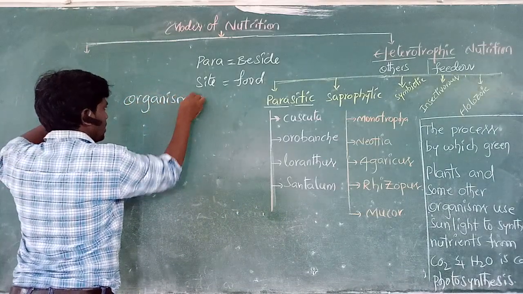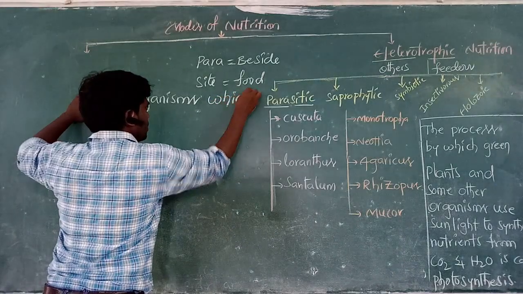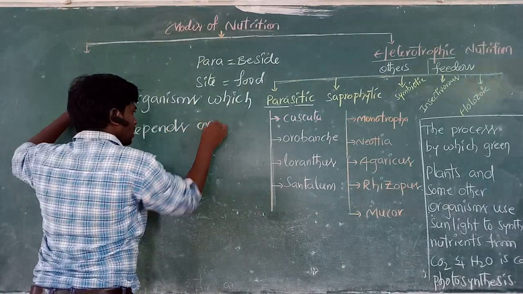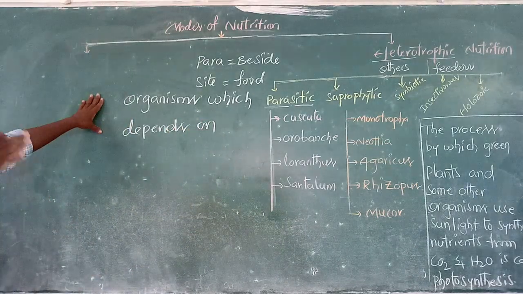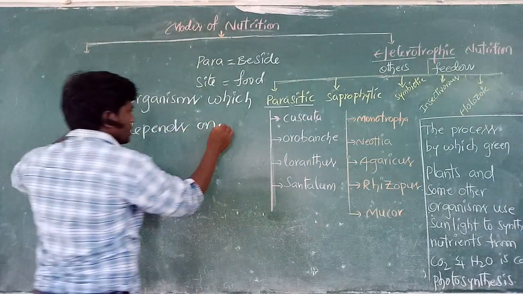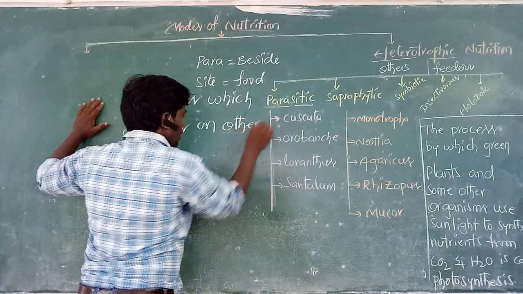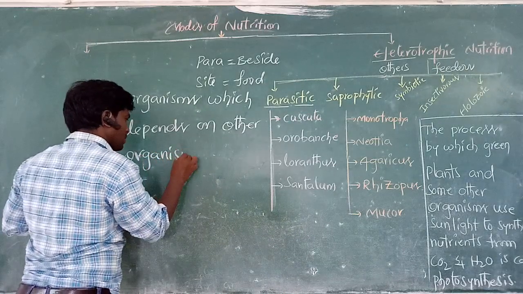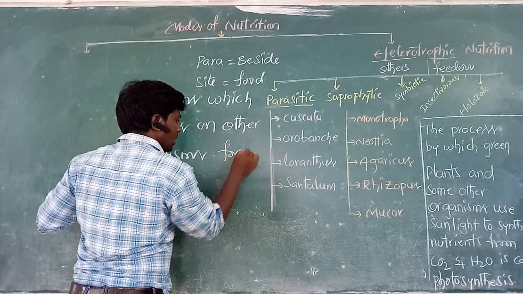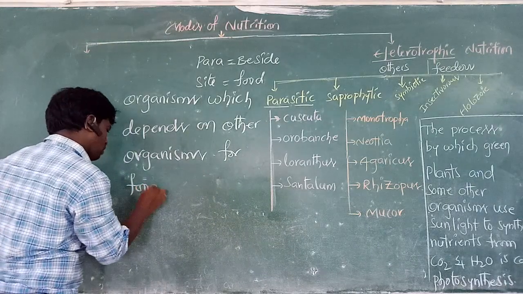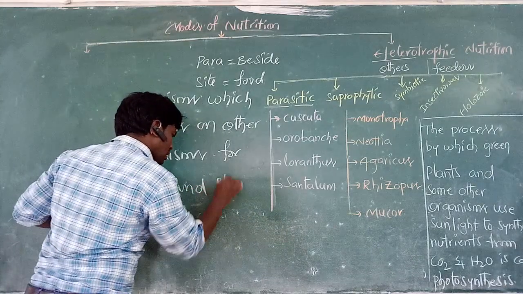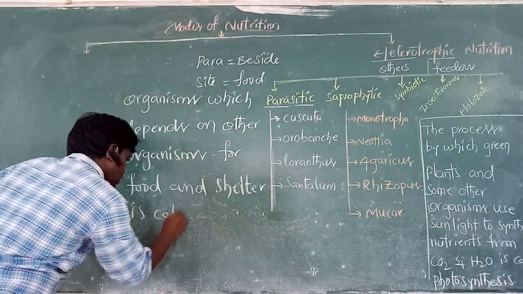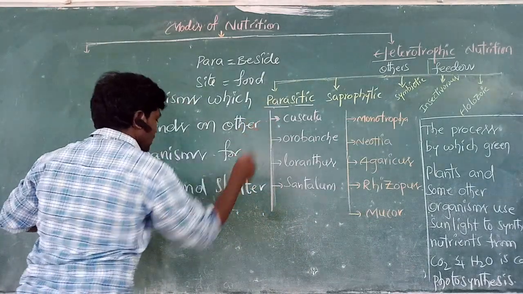Organisms which depend on other organisms for food and shelter is called parasitic nutrition.